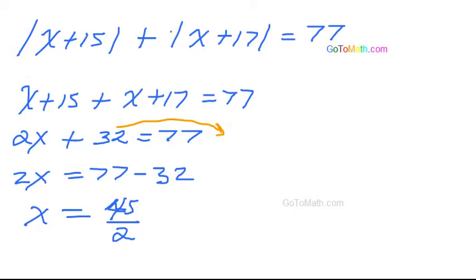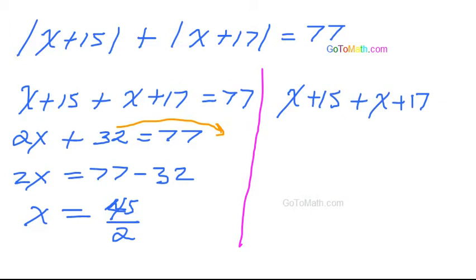Alright, let's draw a divider line. So this time we're going to drop the absolute value bars and do what we've been doing, and that is make the right hand side negative 77. Okay, we're going to collect up like terms. Minus 77.